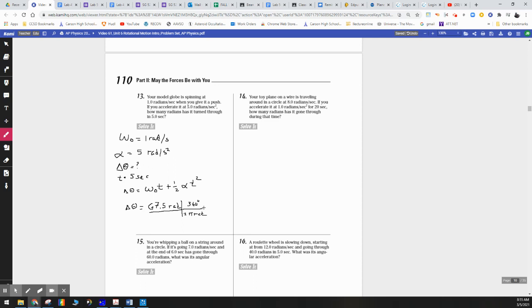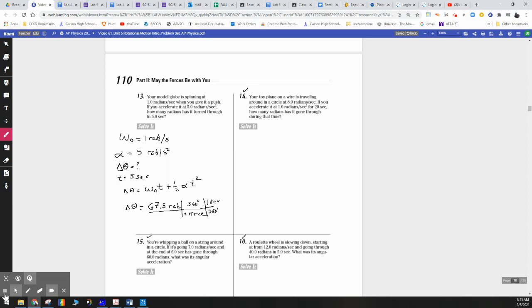What if they wanted revolutions? We know that 1 revolution would equal 360 degrees. So we can go from radians to degrees to revolutions. Make sure that we're familiar with this. So you guys go ahead and do 14, 15, and 16.